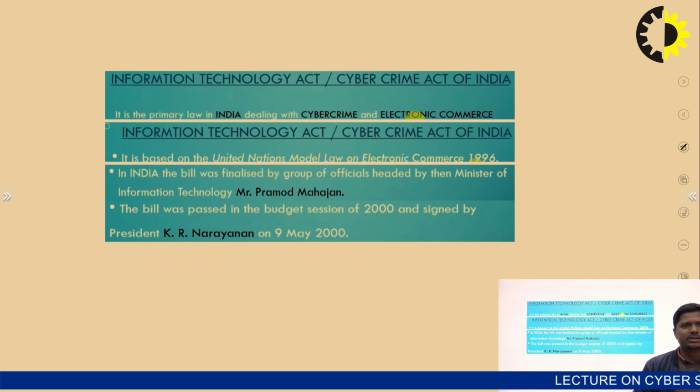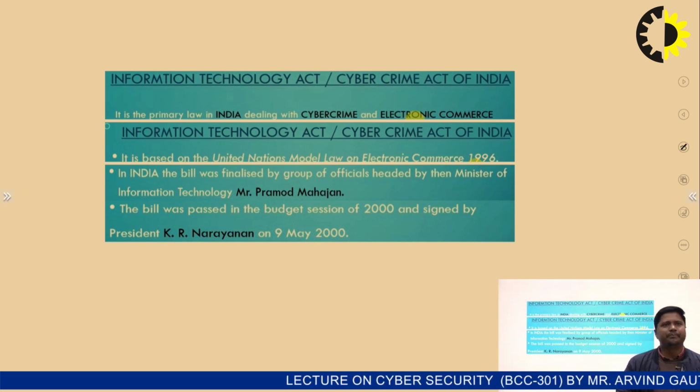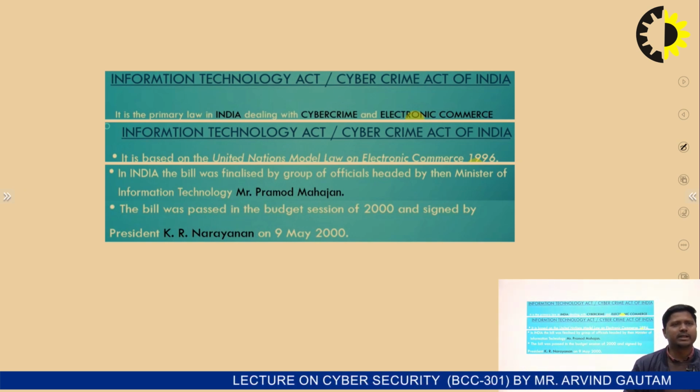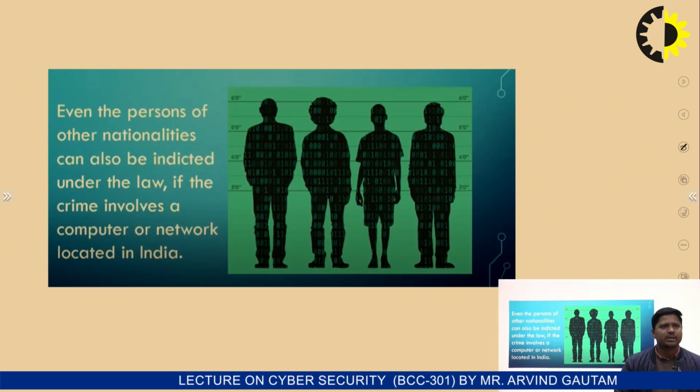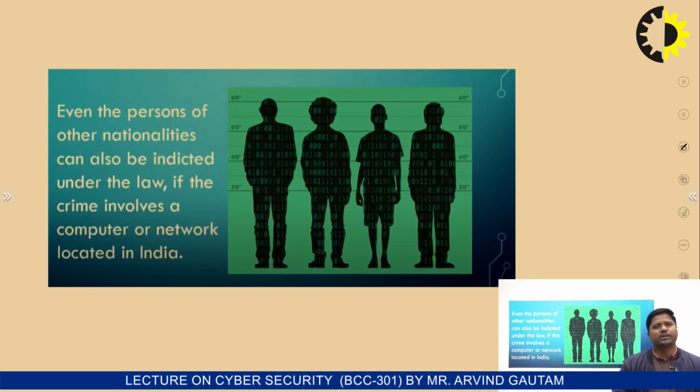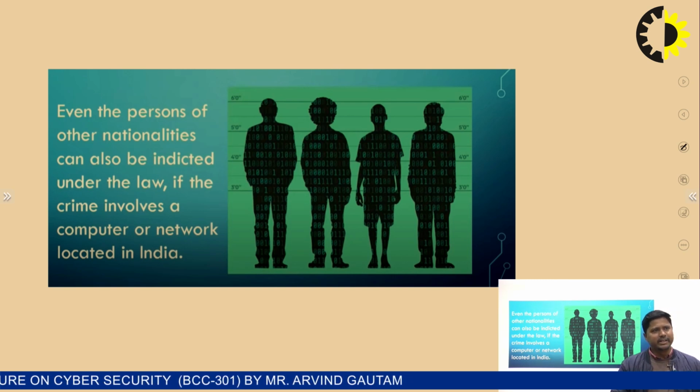This was the first act proposed in India, the IT Act 2000, which covers all aspects. Even persons of other nationalities can be indicted under the law if the crime involves a computer or network located in India.